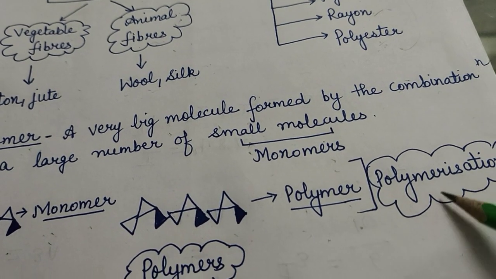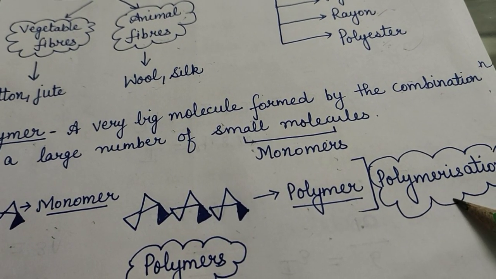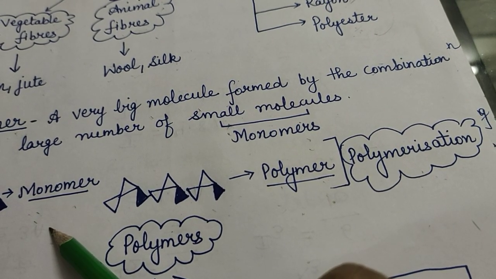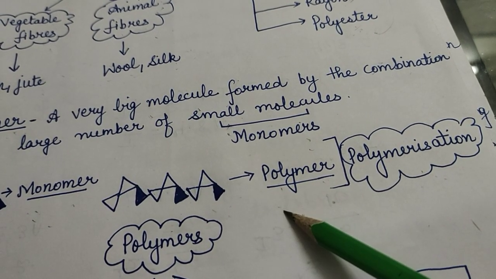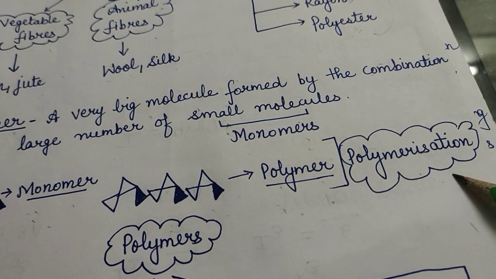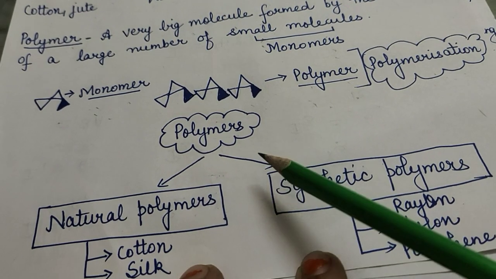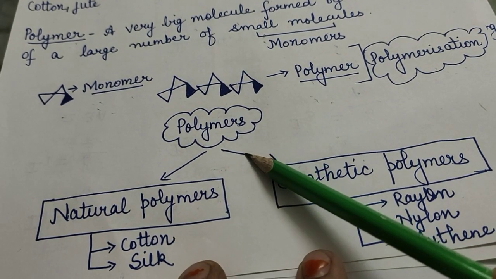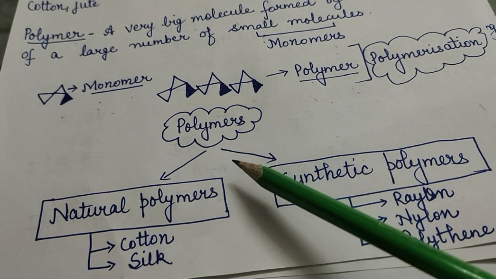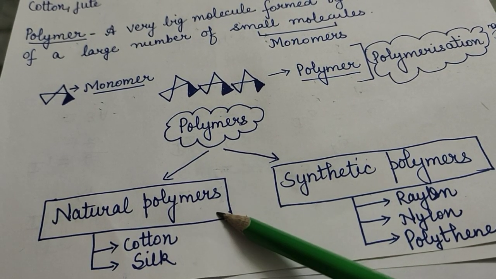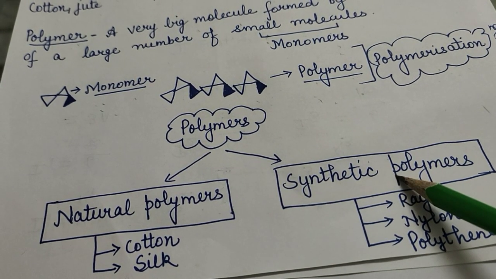And the process by which we link all the monomers together to form a polymer is known as polymerization. Next is types of polymers. We have two types of polymers: natural polymers and synthetic polymers.